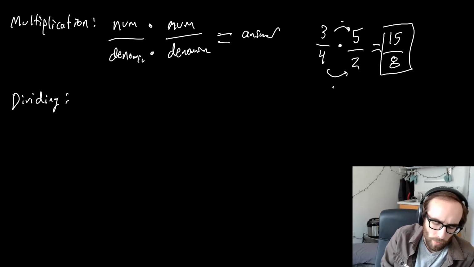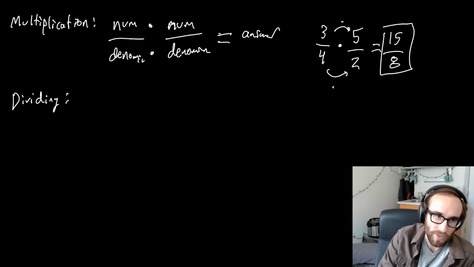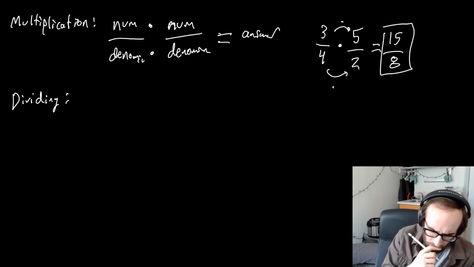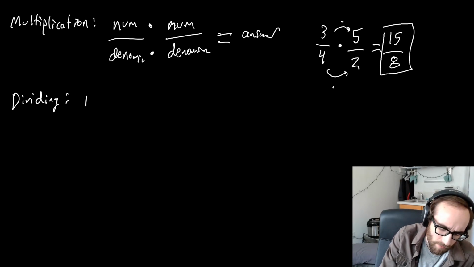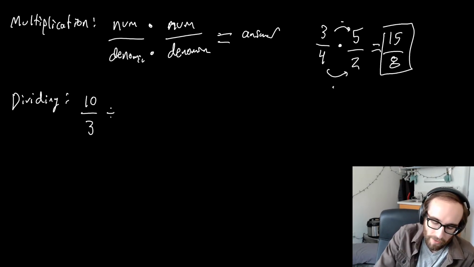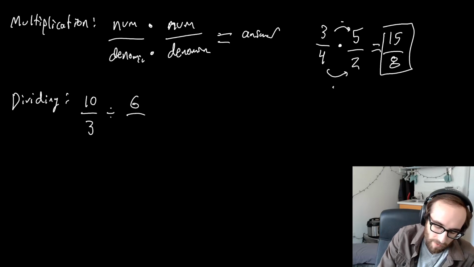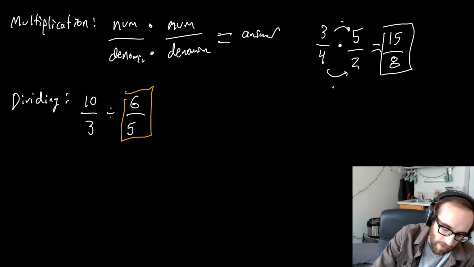For dividing, what we can do is take the reciprocal of the fraction we're dividing by. So a quick example is if we have 10/3 and we're dividing 10/3 by 6/5. What we can do is take the fraction we're dividing by, take the reciprocal, which just means we're going to flip the fraction.